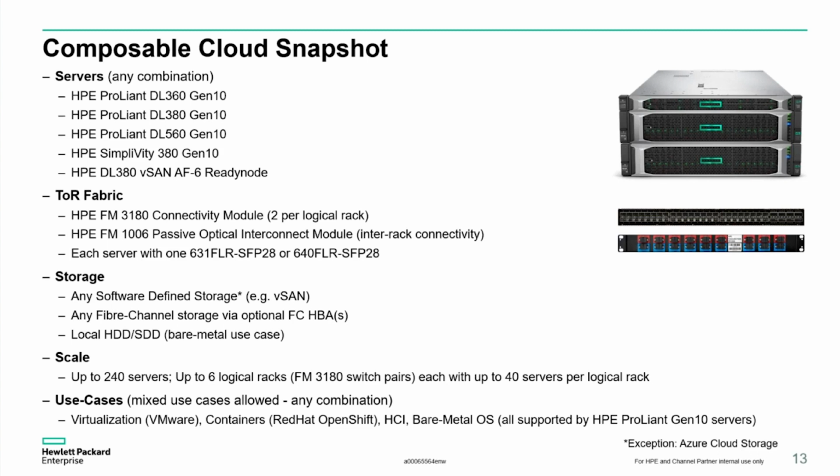The top-of-rack fabric illustrated on the right there is the new HPE FM3180 connectivity modules. Of course, you'd have 2 of those per logical rack. When I say logical rack, we're not forcing you to use a certain number of servers per rack. There are 40 available ports. John will talk about that in a minute. There's 40 available redundant ports per switch pair.